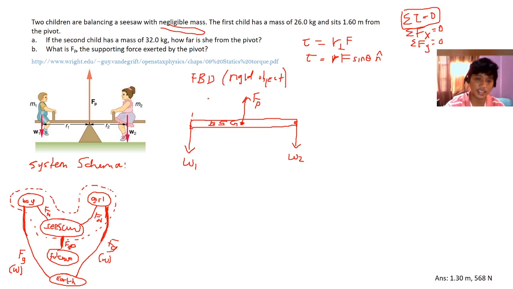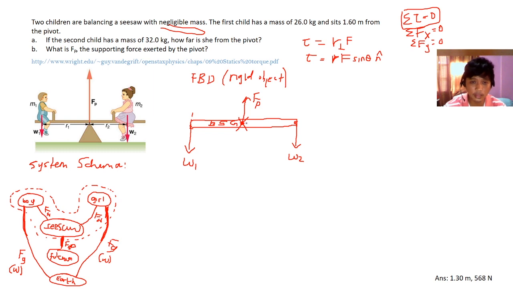Because when you place the axis of rotation there, the torque that that force produces becomes zero, because then R becomes zero for that particular force. What I mean is, I'm actually going to choose the axis of rotation here by labeling X because I don't know much about FP for now.